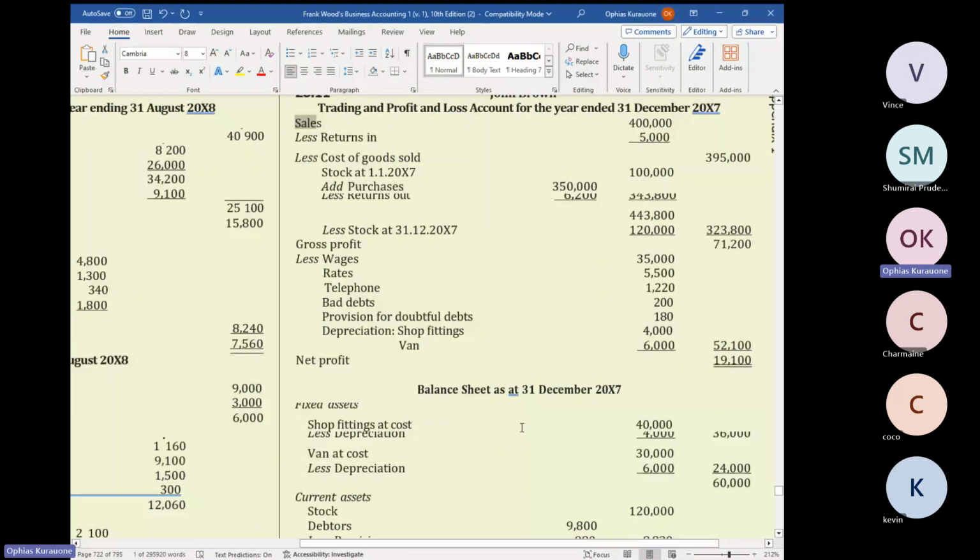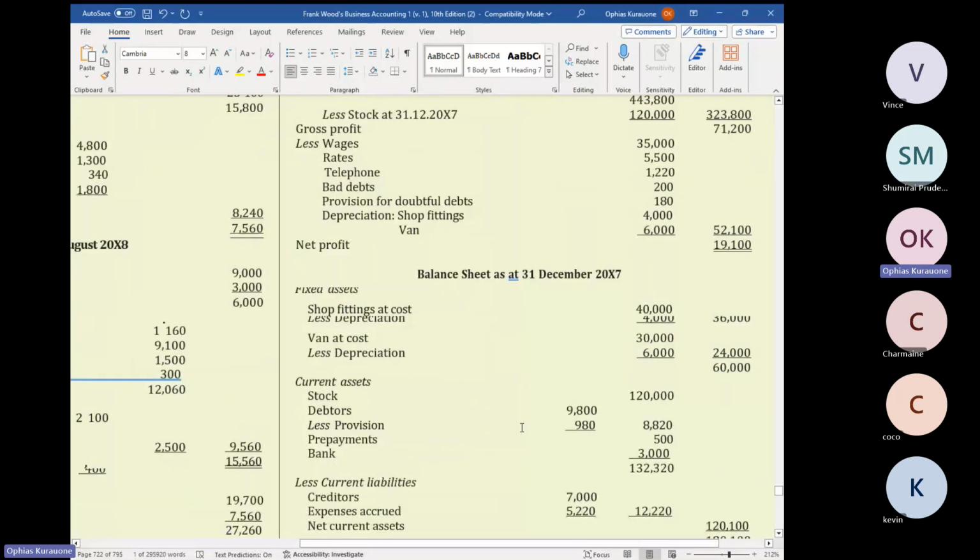Then if you have got the balance sheet, because it was the first year, that's why there was no accumulated depreciation. Once you depreciate an asset, it will not continue remaining with the same value. So here shop fittings cost 40,000, depreciation 4,000, that's 36,000. Then it costs 30,000, depreciation 6,000.